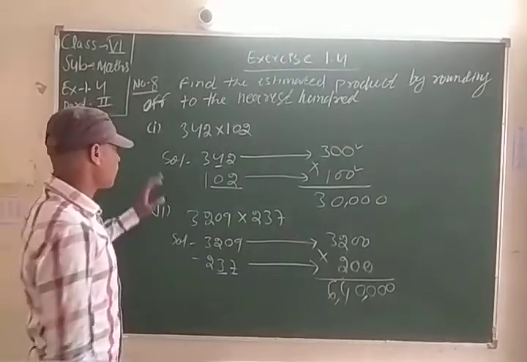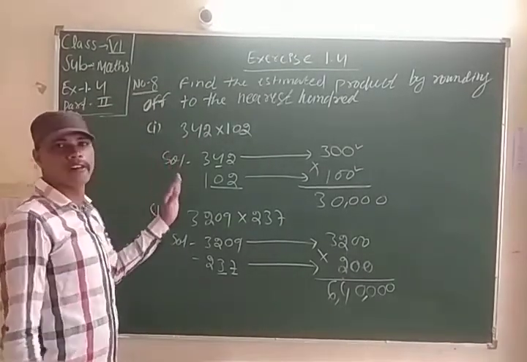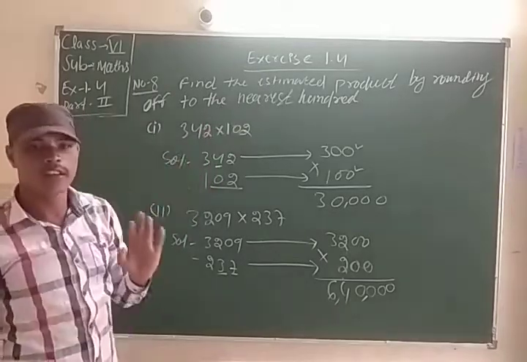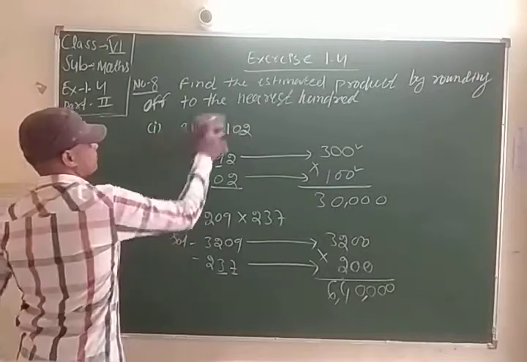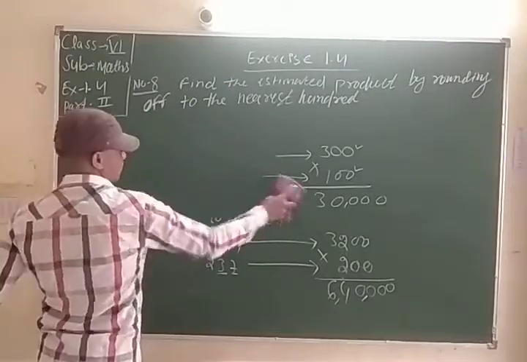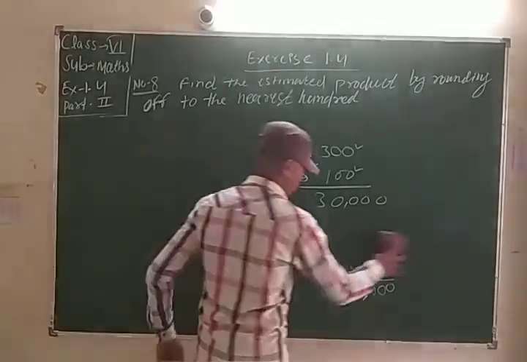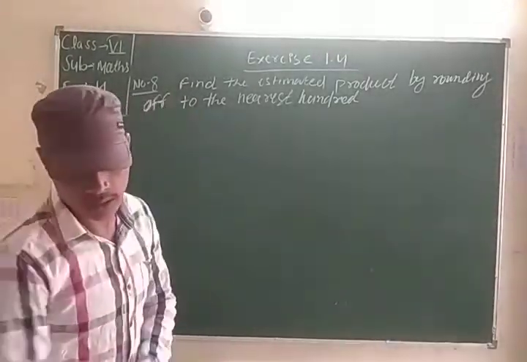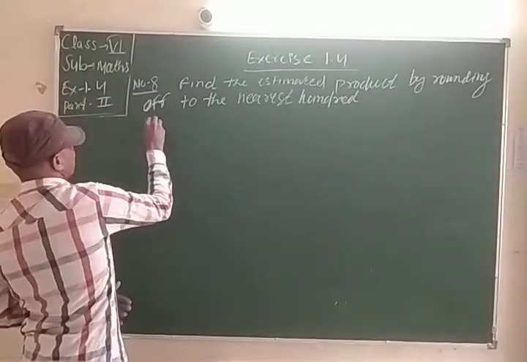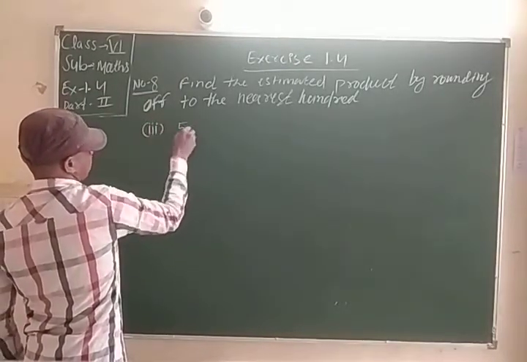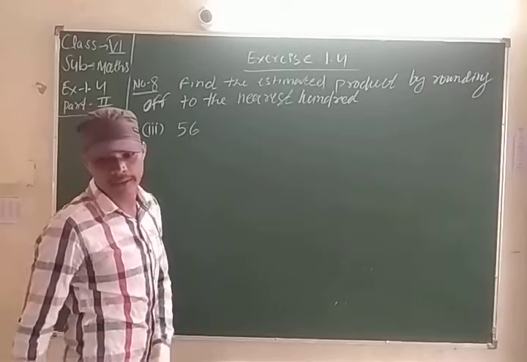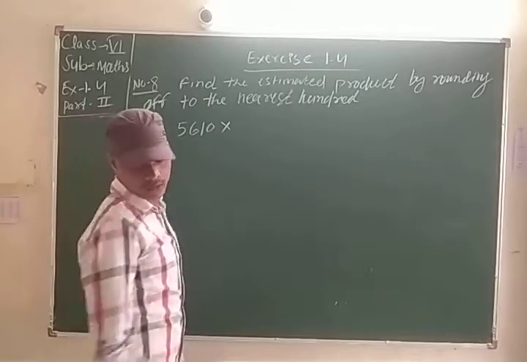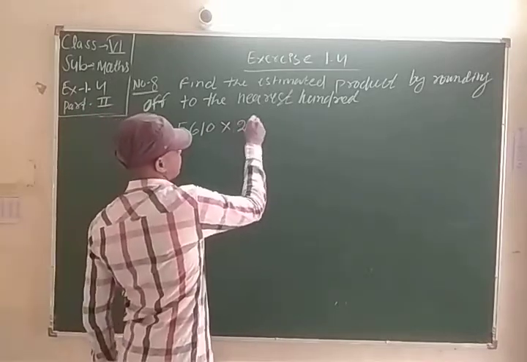Okay. Then I hope you can round up and find the product by the numbers of nearest 100. Third, 5,610 multiplied by 225.